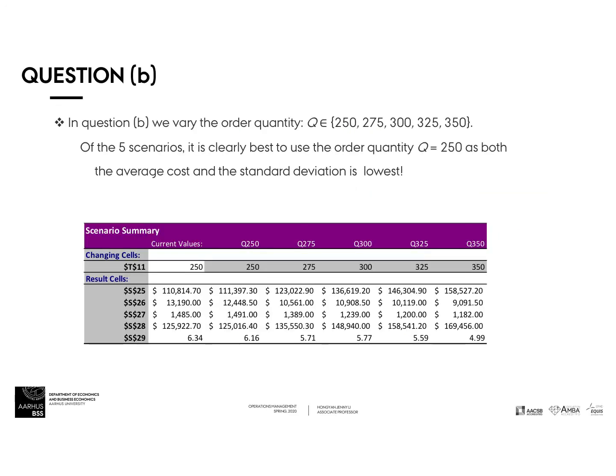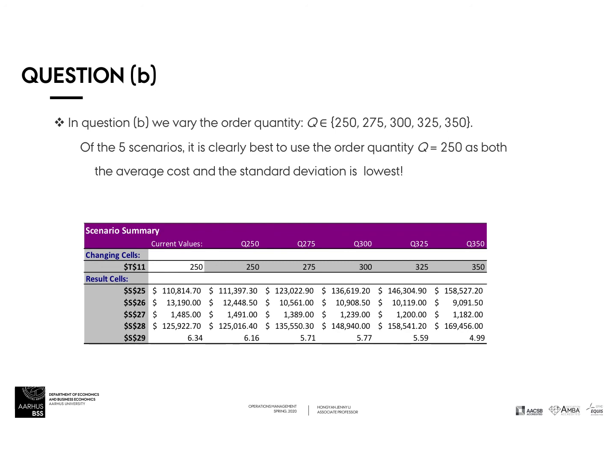Suppose you have constructed the simulation model. Then we apply a scenario manager, and now we get this output. From this output, we can see we have 5 scenarios, and obviously when Q equals 250, the average cost over 200 replications, and the standard deviation, are the lowest.